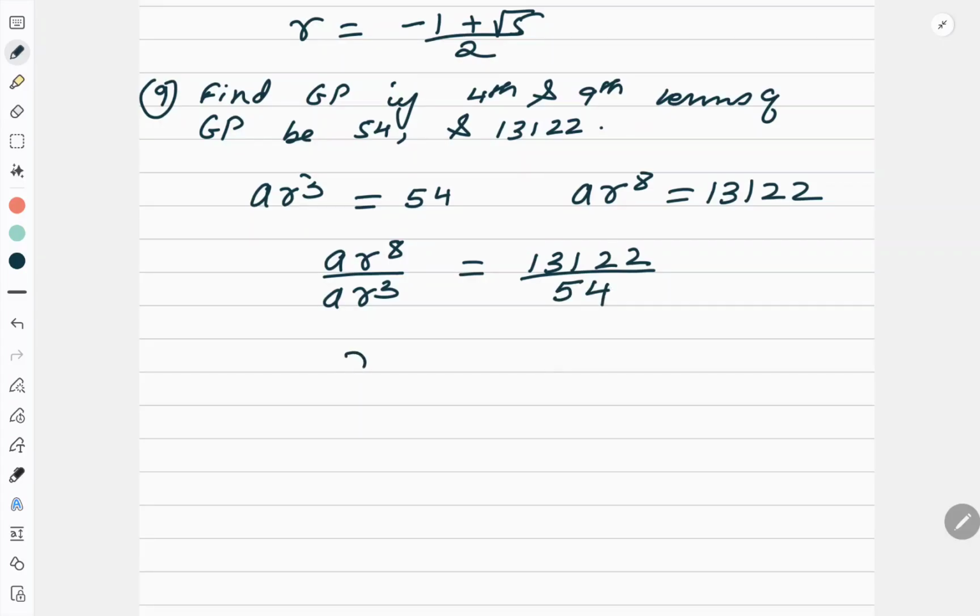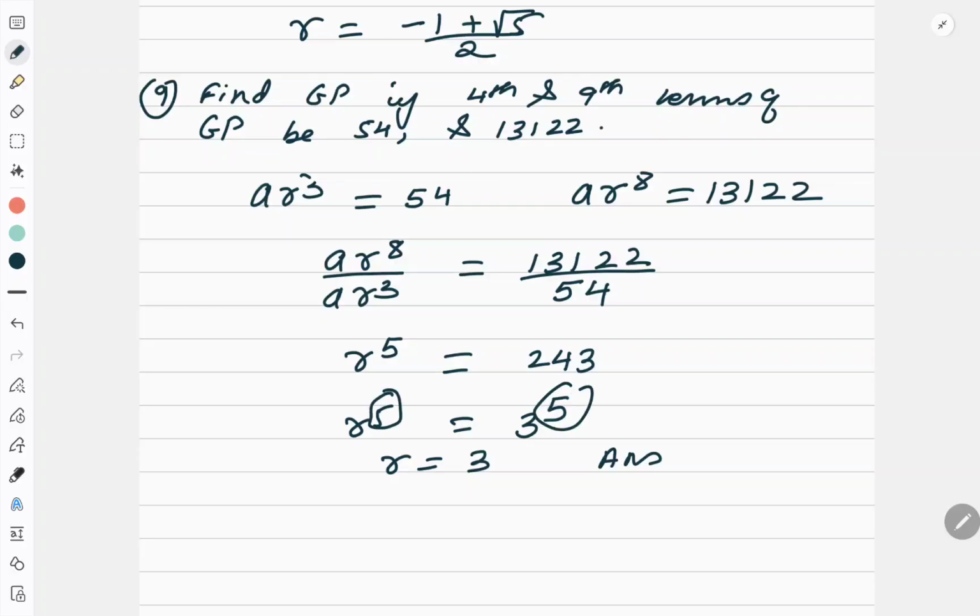A A cancel. So R to the power 5 is equal to 243. You cancel this, you will get 243. Right? So R to the power 5 is equal to 3 to the power 5. So R is equal to 3. Answer. Now here see, power is same, so base will become same.